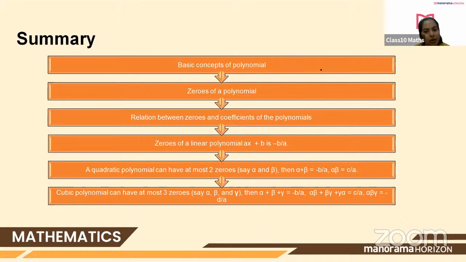For a quadratic polynomial, the sum of the zeros alpha plus beta is minus b by a and the product of the zeros alpha beta is c by a. For a cubic polynomial, alpha plus beta plus gamma is minus b by a, alpha beta plus beta gamma plus gamma alpha is c by a, and alpha beta gamma is minus d by a.